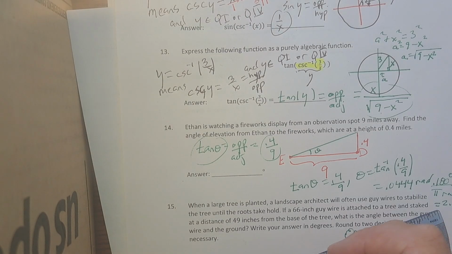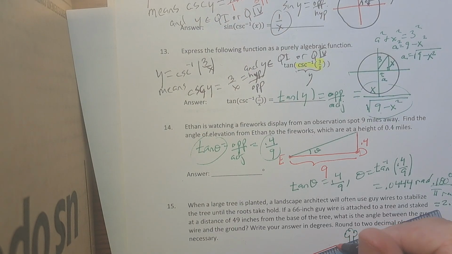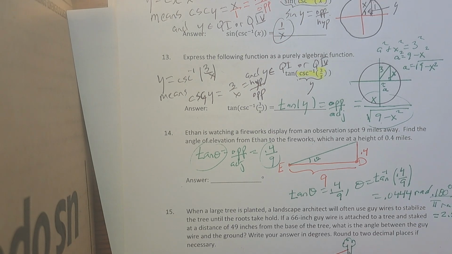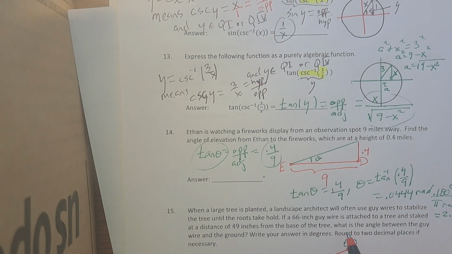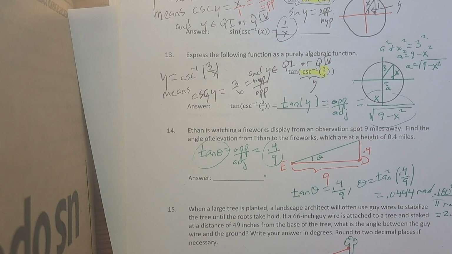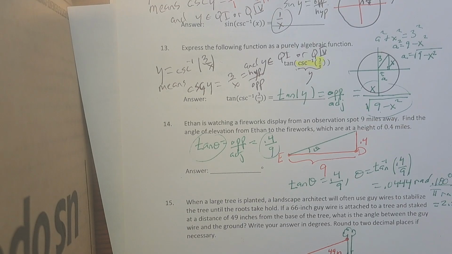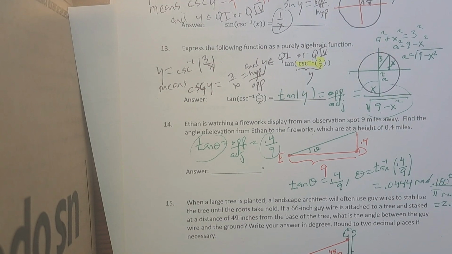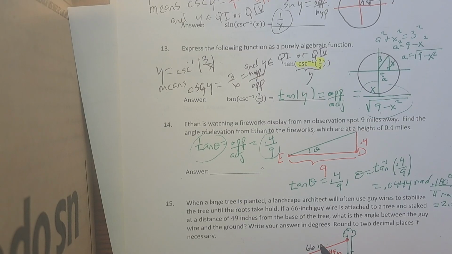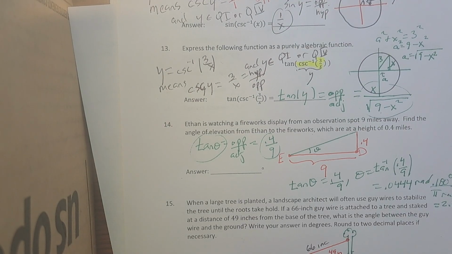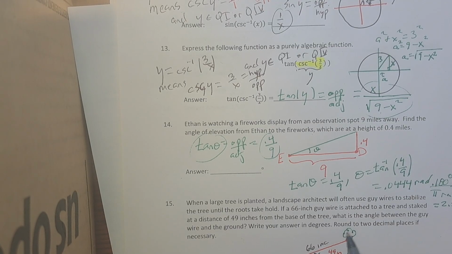So here's my wire attached to the tree, 49 inches from the base of the tree, so this is 49 inches. And the wire itself is 66 inches long. So here's your angle, and that's the angle I'm supposed to find.